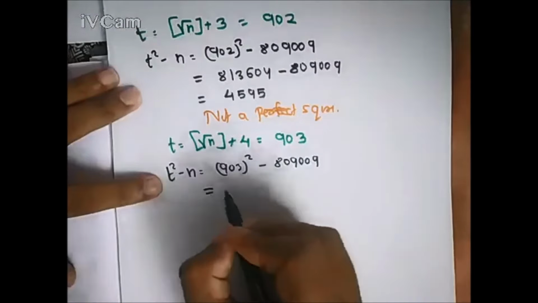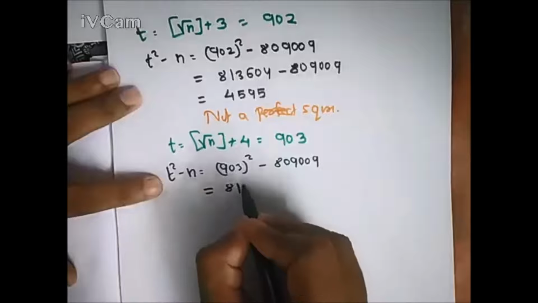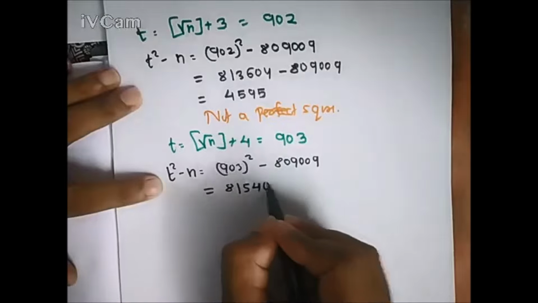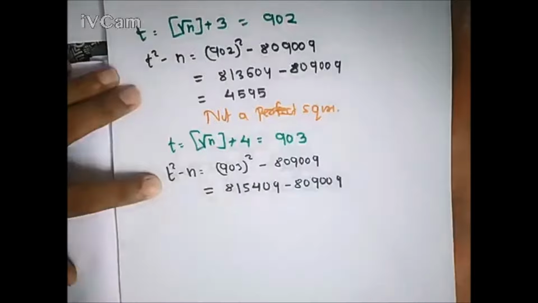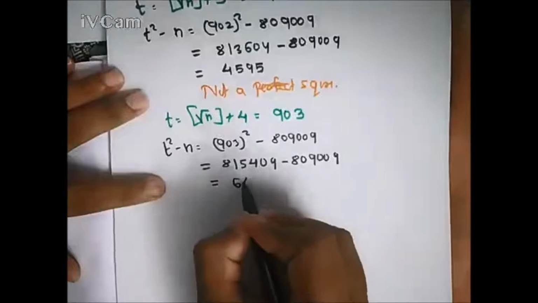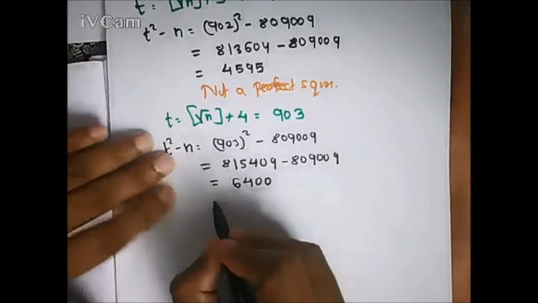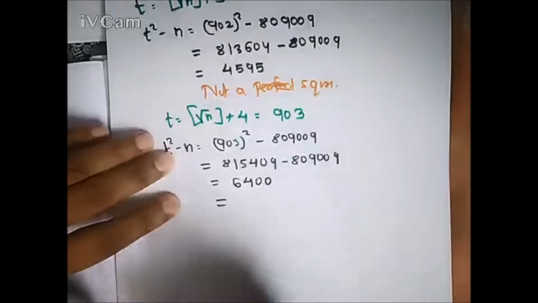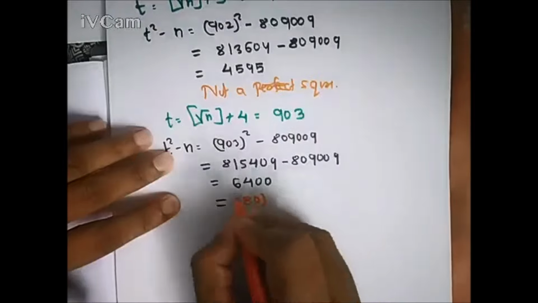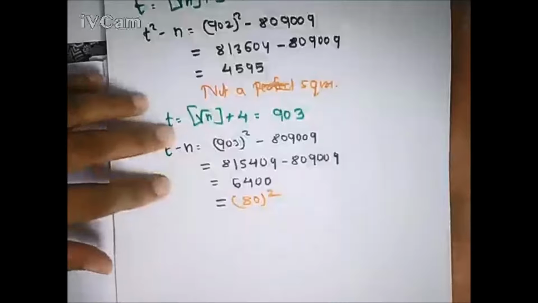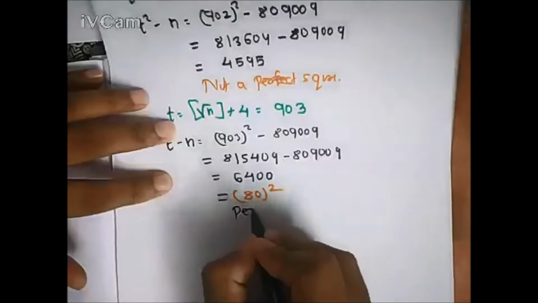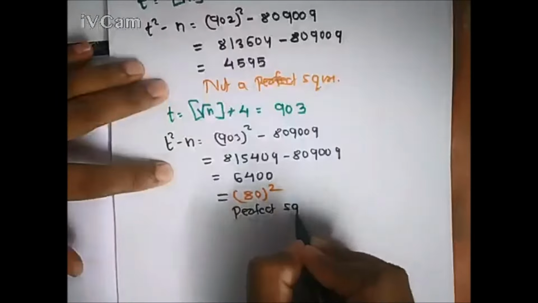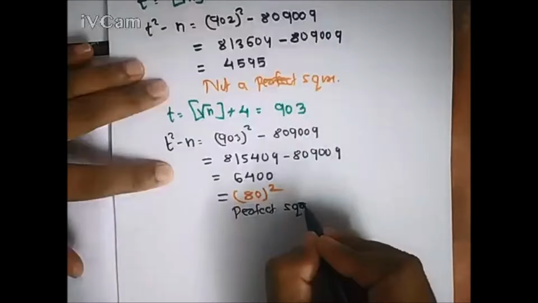This value gives 815,409 minus 809009. This value is equal to 6400. Now you can see that this is 80 square. We are getting a perfect square. We have got a perfect square.